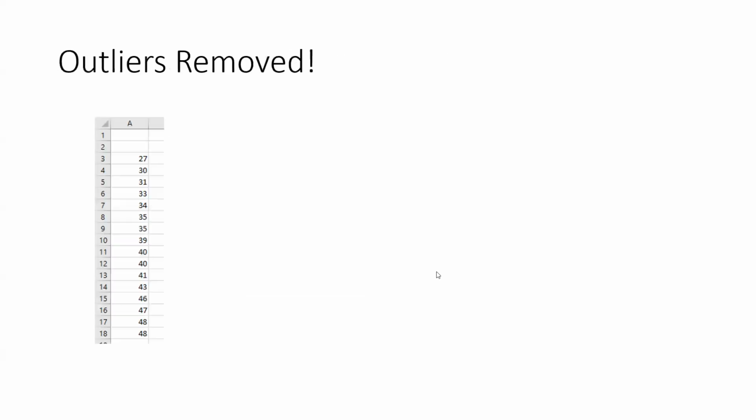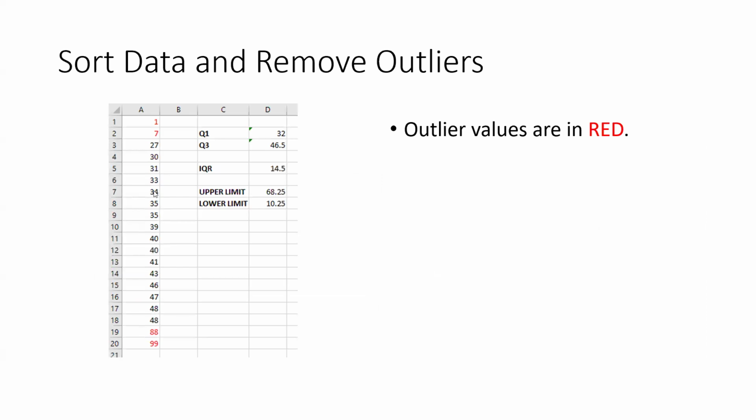As it relates to our data over here, that would be 27 on the left. That's the lowest non-outlier observation value. And the whisker on the right would be 48. That's the highest non-outlier observation value.